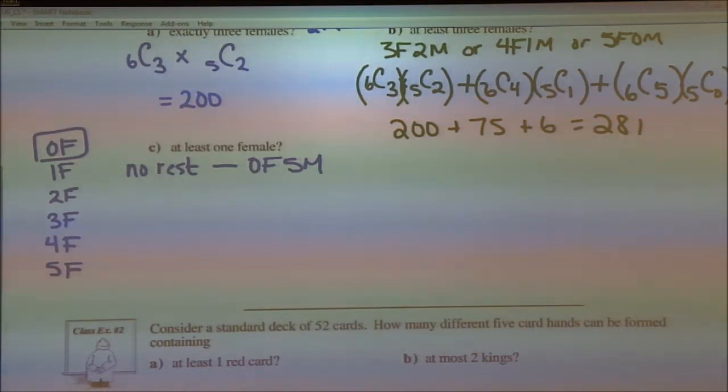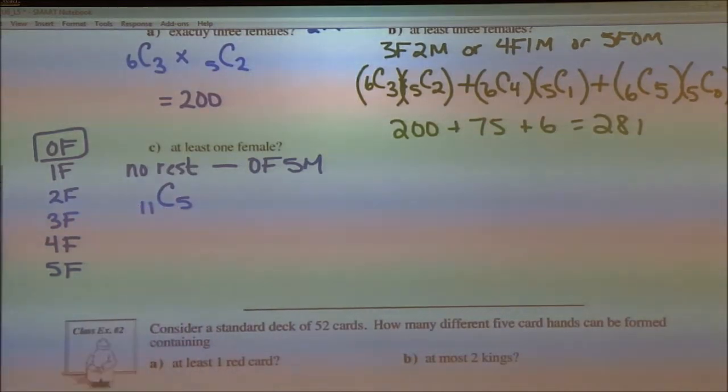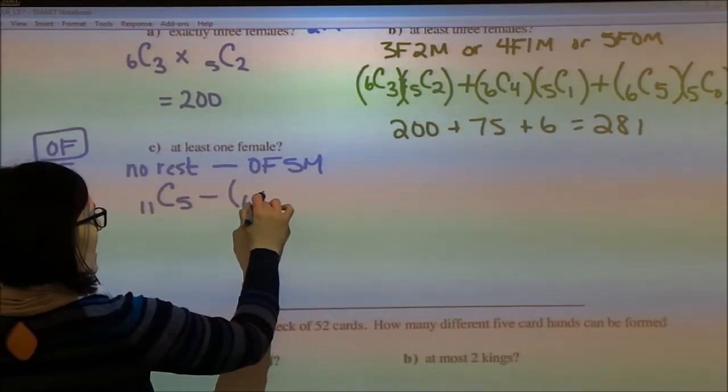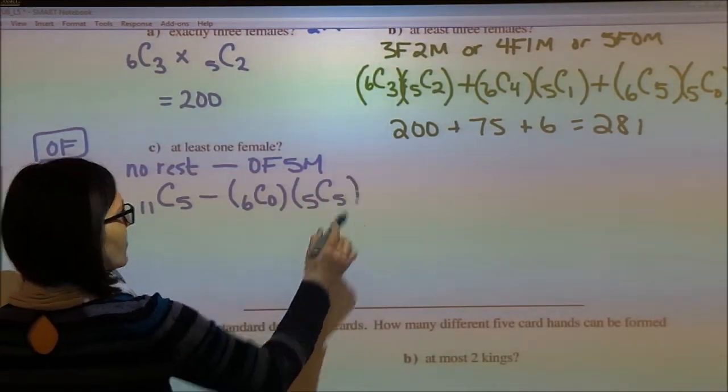So the no restrictions is just picking 5 out of all 11, and then the 0 females. So that's picking 0 out of 6 and 5 out of 5.